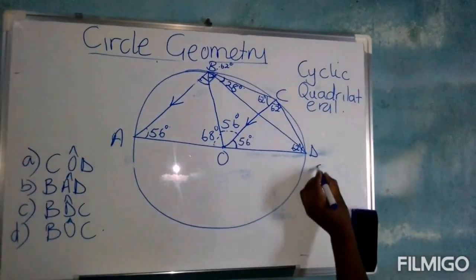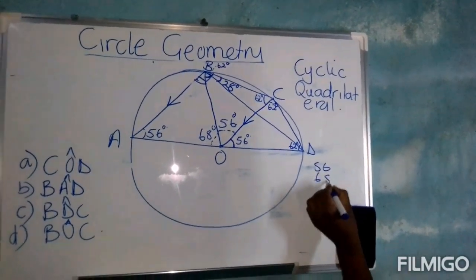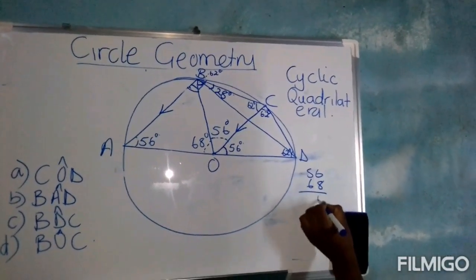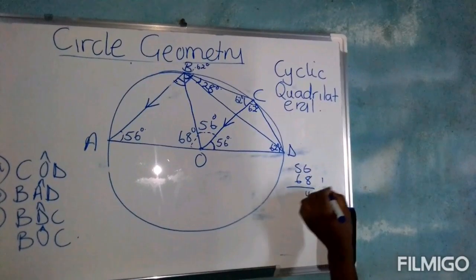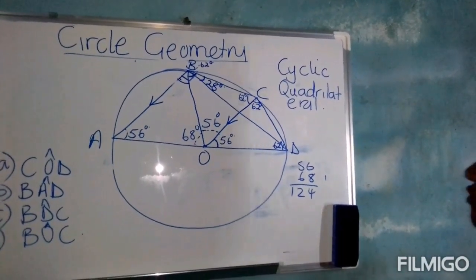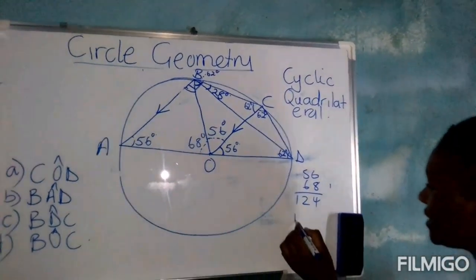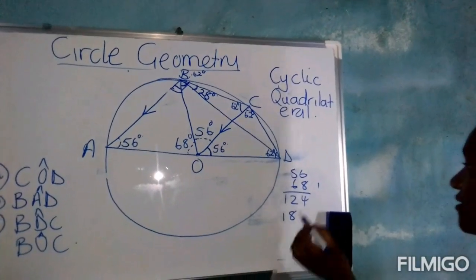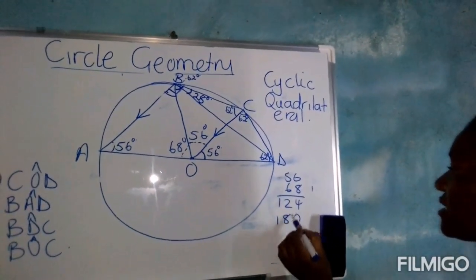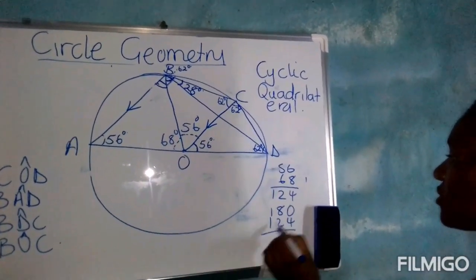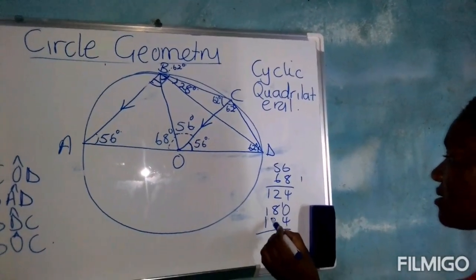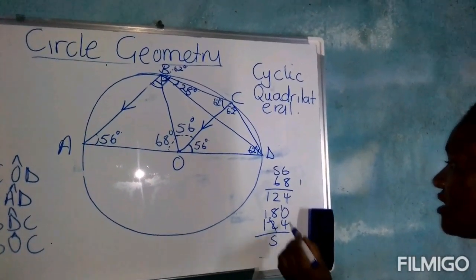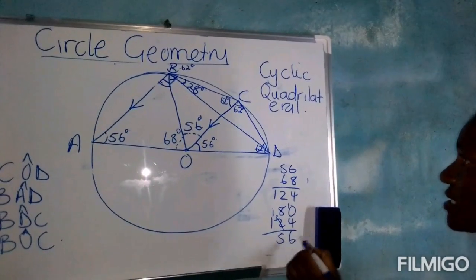So we are saying 56 plus 68, this is 124, and 124 from 180, 180 minus 124, this is 56.